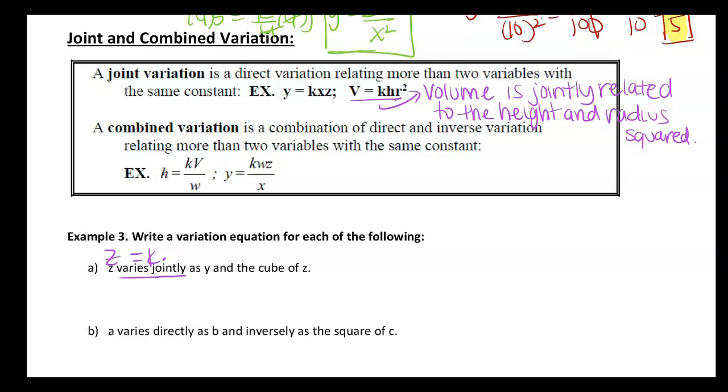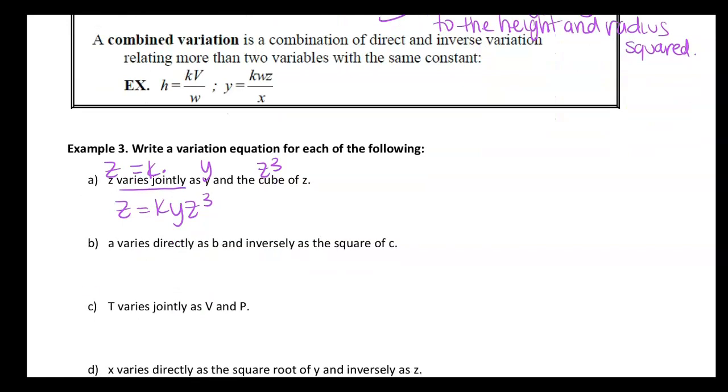The word jointly means you probably are going to have two or more variables multiplied. The other variables are just y and the cube of z, and the cube of z means z cubed. So I'm going to make this z equals k times y times z cubed. That would be your answer. Before we do the last question, which is the combined variation, try letter C right now.